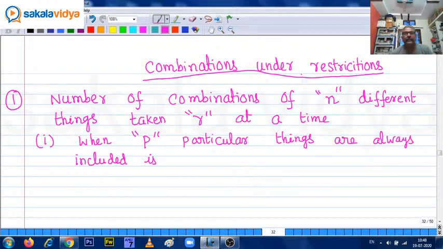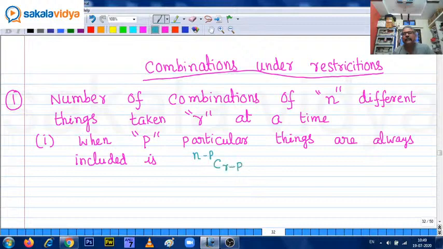The particular things need to be always included; we should not neglect them. Out of r things, p things will be already selected. So r minus p need to be selected from the remaining n minus p. Remaining things are n minus p because p particular things are already selected. Now we need to take the remaining r minus p: (n minus p) C (r minus p).